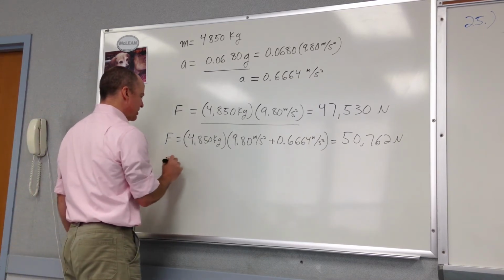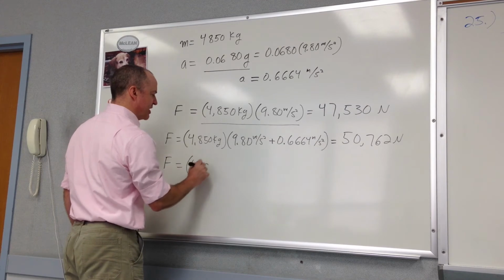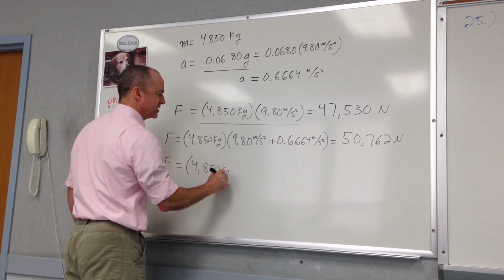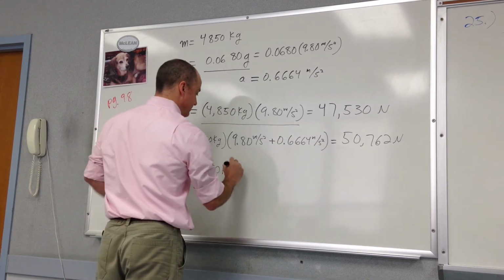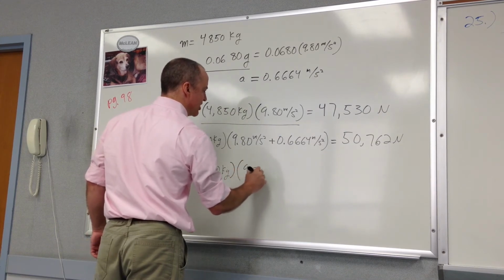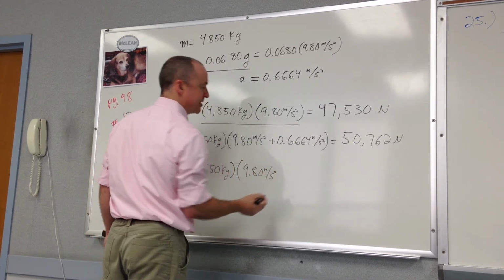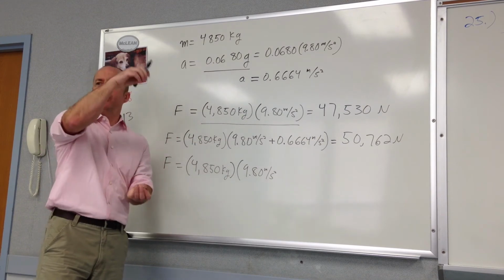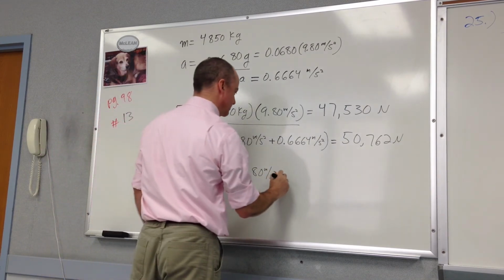Now this question's phrased a little differently, but if you want to talk about the minimum tension on the cable, maybe it's a rubber cable and it'll snap up if it doesn't have a certain amount of tension on it.